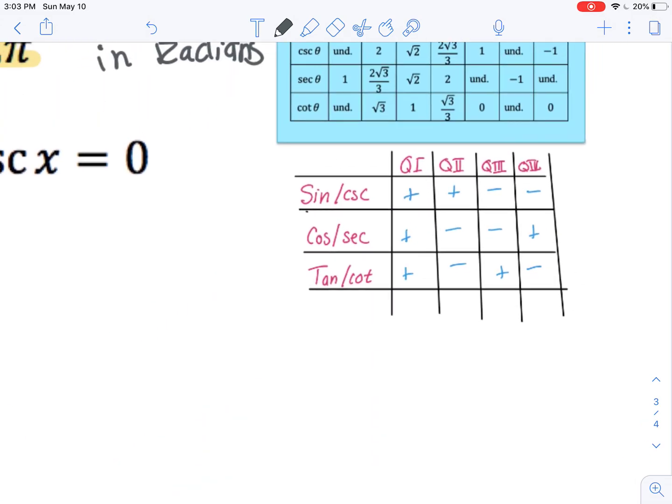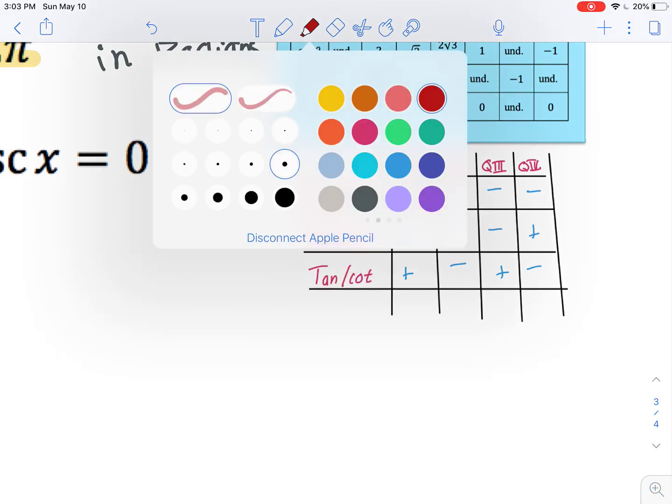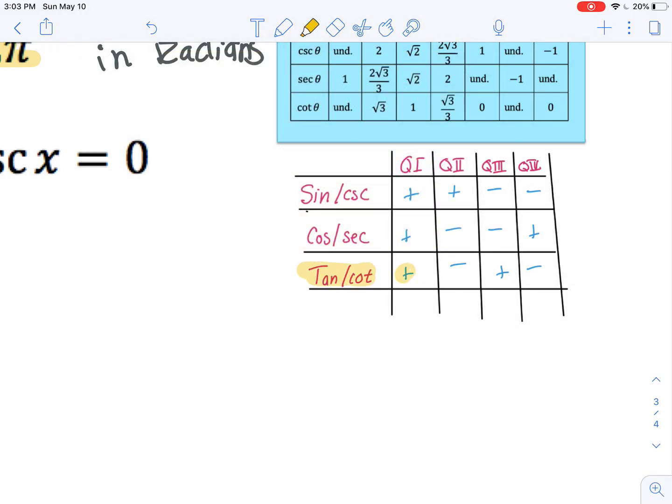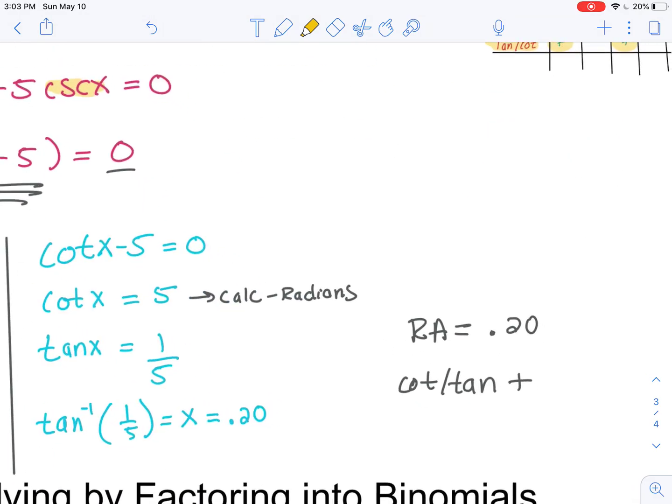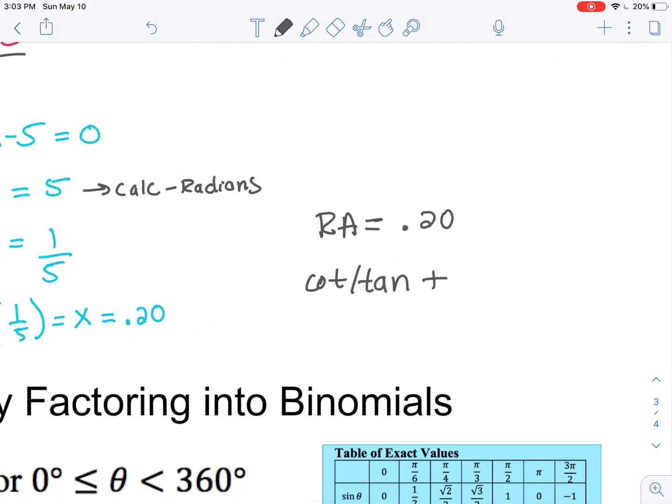I can look at my chart. Cotangent, tangent is positive in the first quadrant and the third quadrant. So my solutions will lie in the first quadrant and the third quadrant. So I will be in quadrant 1 and quadrant 3.